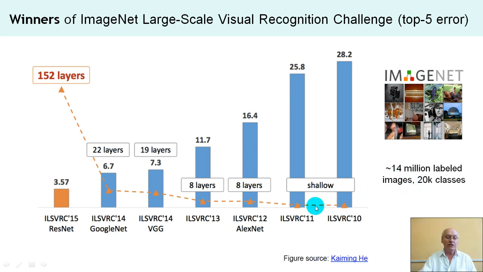But you see that the number of layers goes up and up. The final neural network architecture used for that got 152 layers. That's a really very, very deep neural network.